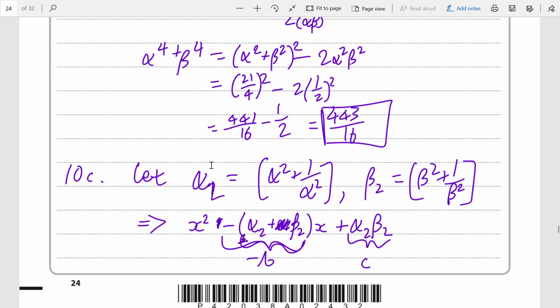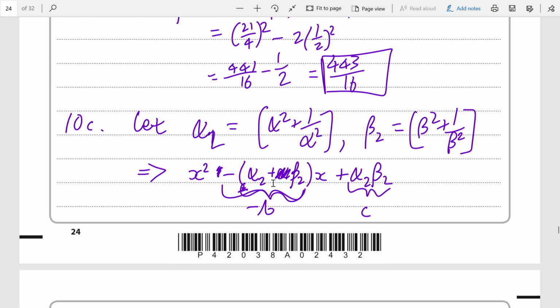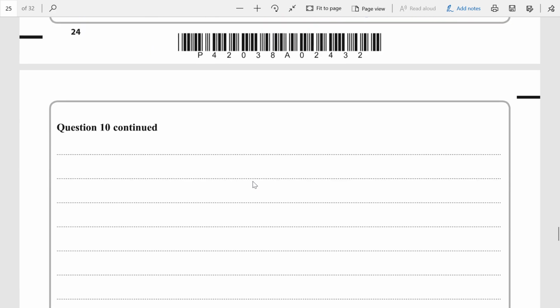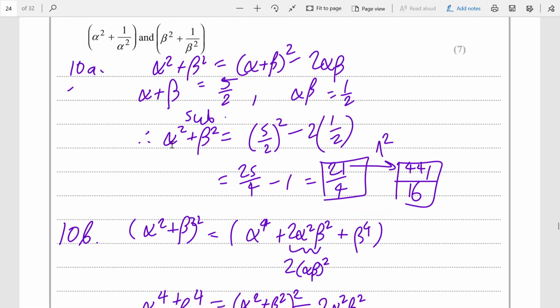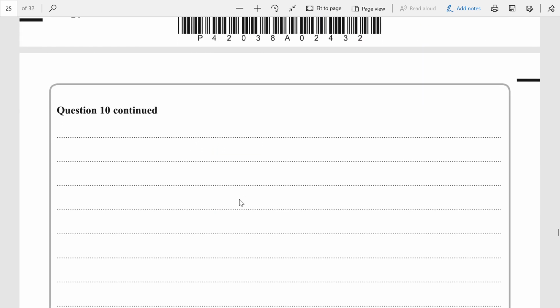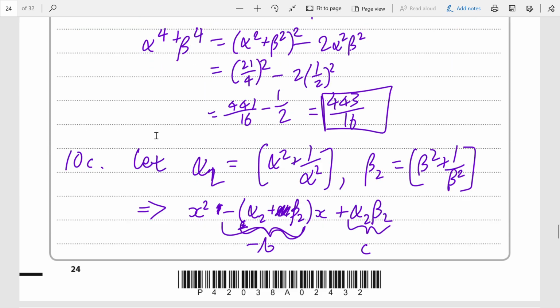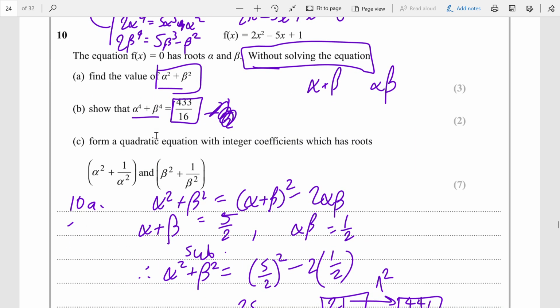Okay, so first we're going to work out what alpha 2 plus beta 2 is in terms of alpha and beta, and we want to find a way to evaluate it legally, so to speak, with just the values of alpha plus beta and alpha beta that we are known to have. Alright, and I feel like alpha to the 4 plus beta to the 4 is going to come into play, given that there's a power difference of 4 between alpha to the 2 and alpha to the negative 2.